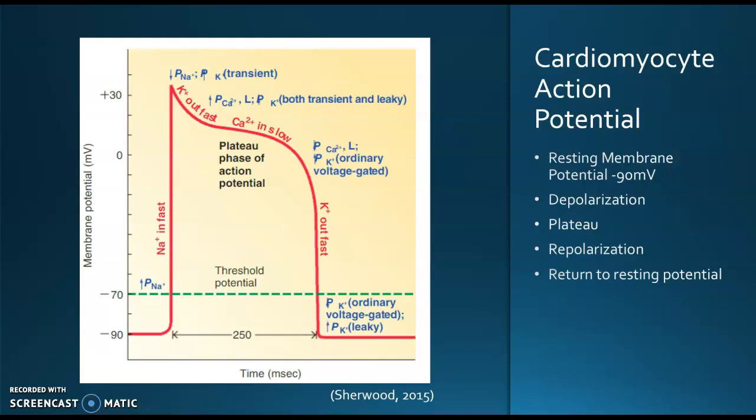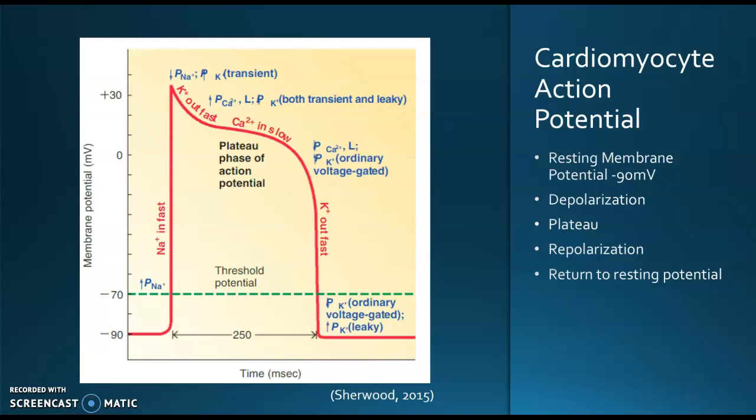Just orienting you a little bit with this graph, the resting membrane potential of a cardiomyocyte is in the more than -90 millivolts range. That has to do with the potassium leaky channels, which keep that potassium movement at about equilibrium, and that happens at about -90 millivolts when we put it in perspective of membrane potential.